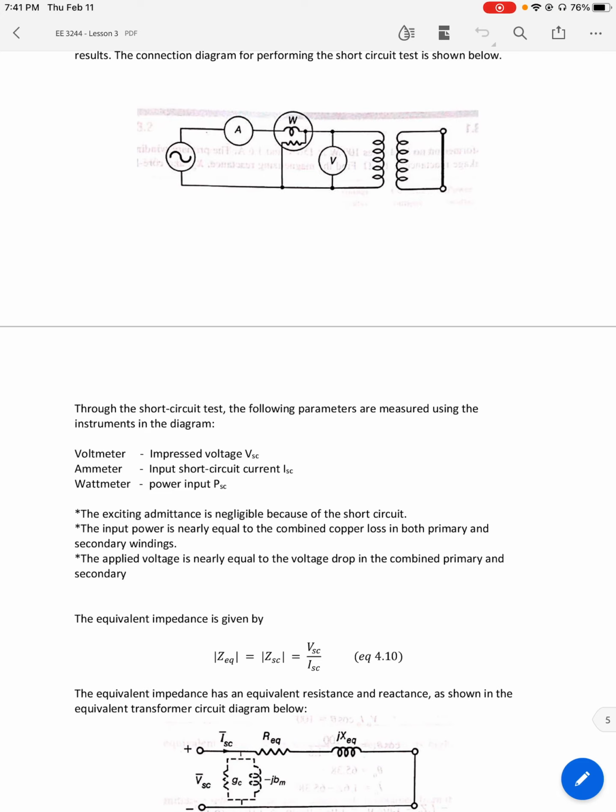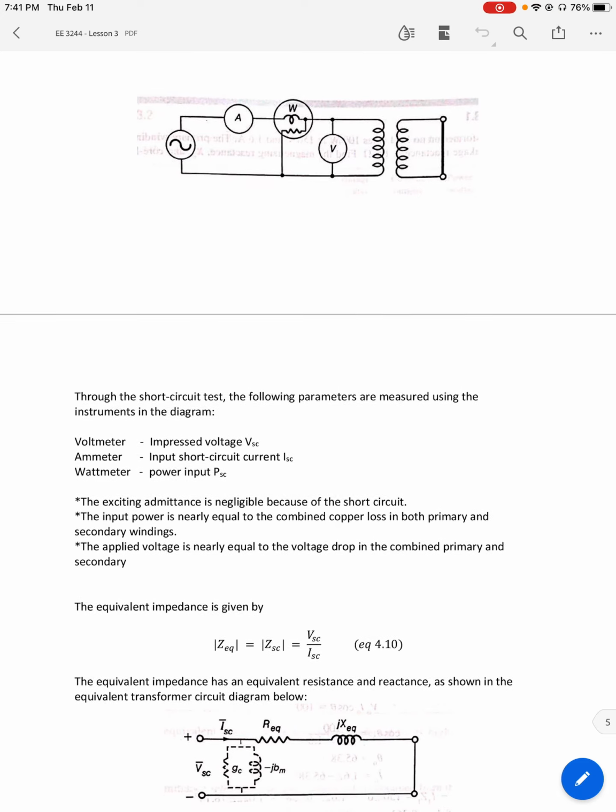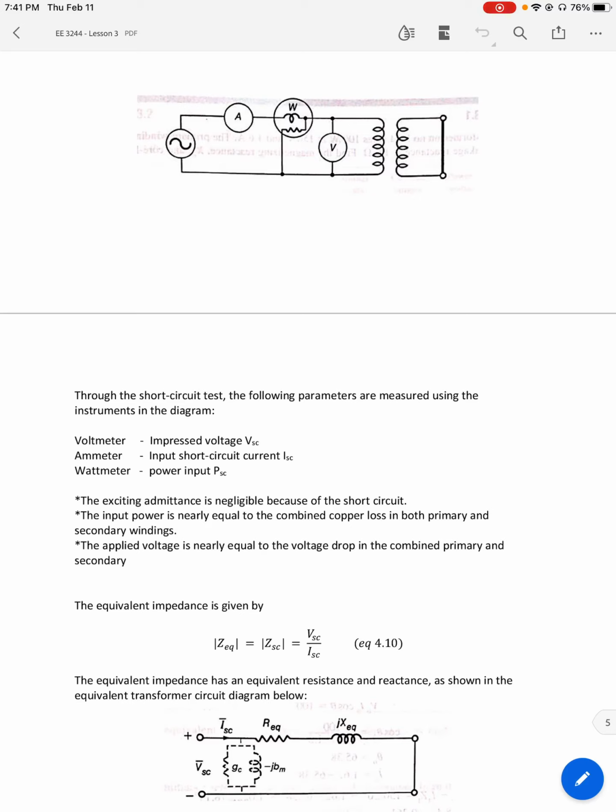Then the second is that the input power is nearly equal to the combined copper loss in both primary and secondary windings. So, mao na siya ang ma-result sa PSC. Then the third is the applied voltage is nearly equal to the voltage drop in the combined primary and secondary. So, ang VSC ug ang power PSC are representative for both primary and secondary windings.